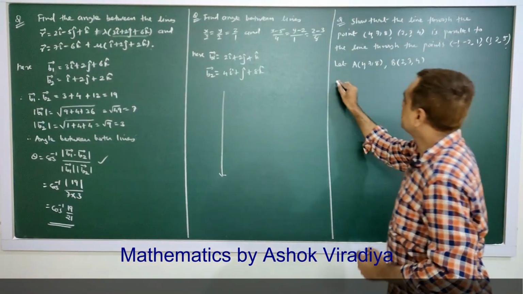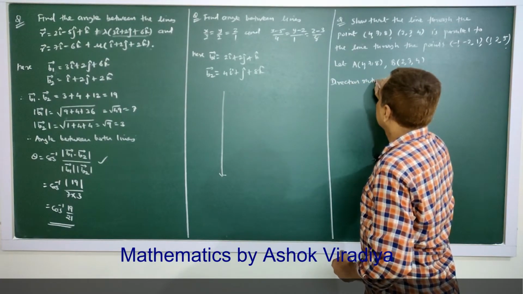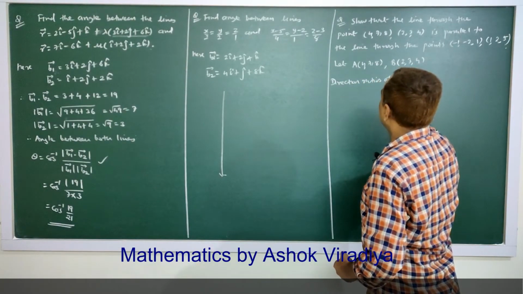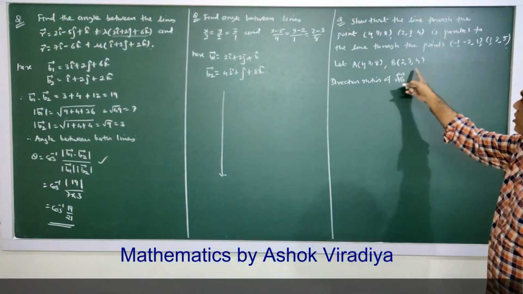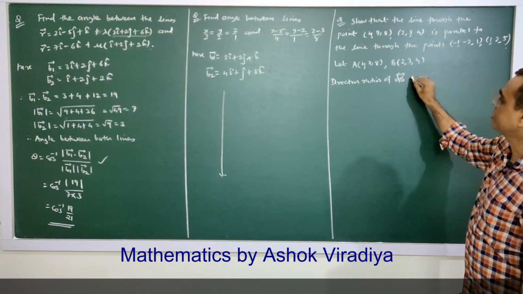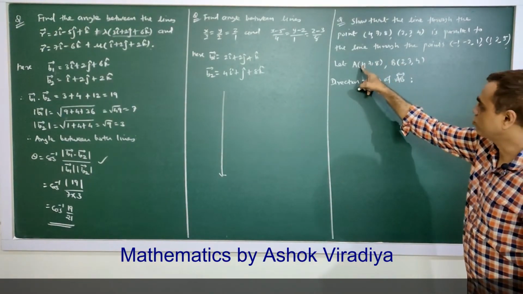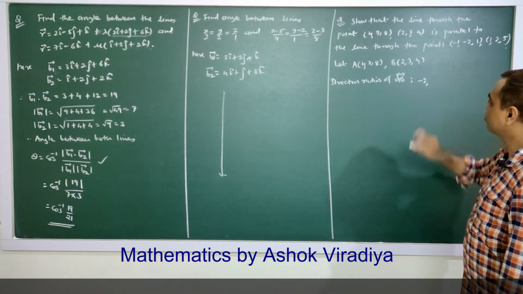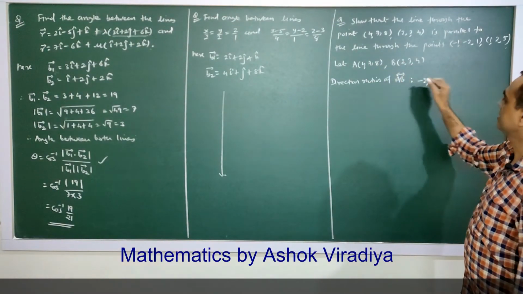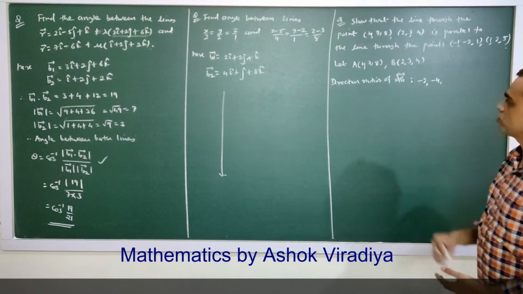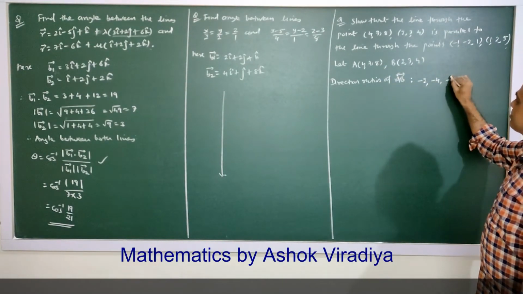So the direction ratios of line AB are 2 minus 4, that is minus 2, comma 3 minus 7, that is minus 4, 4 minus 8, that is minus 4.